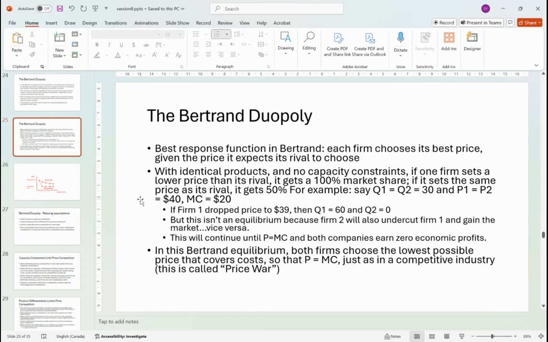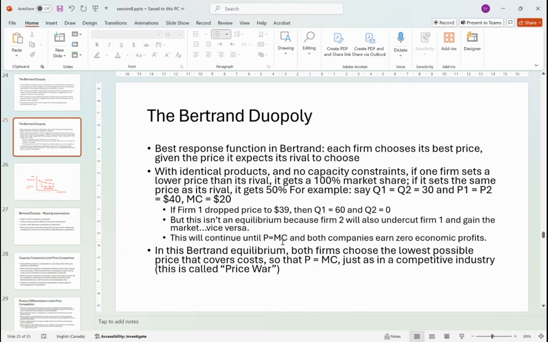But that's not the end of the story, because firm two has the same incentive. So, for example, firm two drops the price just a little bit below 39, right? And this war actually continues until they both reach the price equal to the marginal cost. So when the price meets the marginal cost, it's going to stay at $20, right?